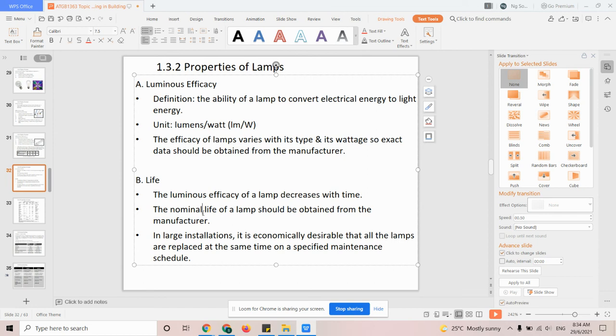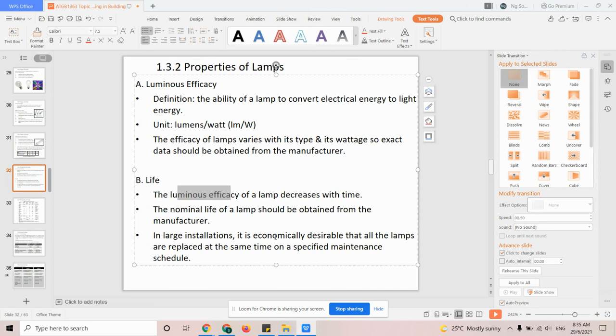So it doesn't just mean that the light will just turn off, but the efficiency of this lighting will also be affected as time passes by. The material in the lighting will actually degrade or decay with time. So when the material decays with time, then the illuminance will also decrease.